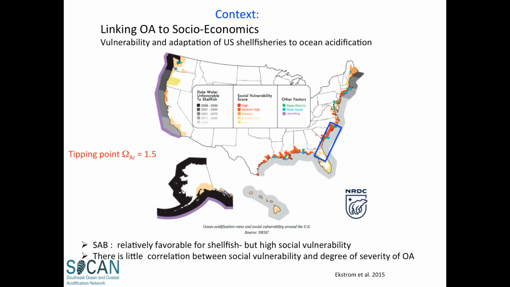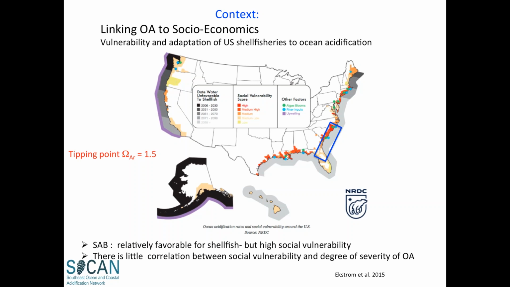Also, if you look at the other regions, there's very little correlation, at least in this study, between the social vulnerability and degree of severity of OA. The point that I'm going to make in this presentation is that if we have the OA threat incorrect in this region, we are probably in a lot more trouble with social vulnerability than this particular analysis indicates.